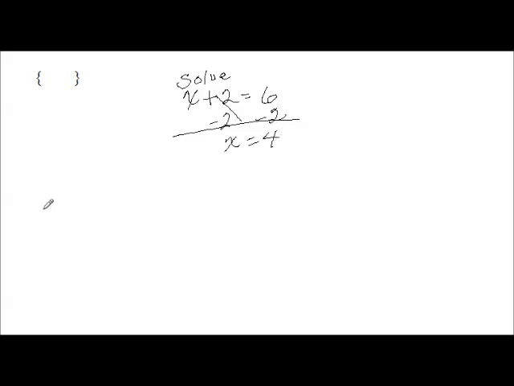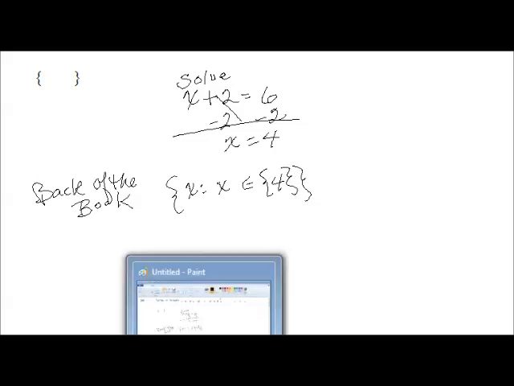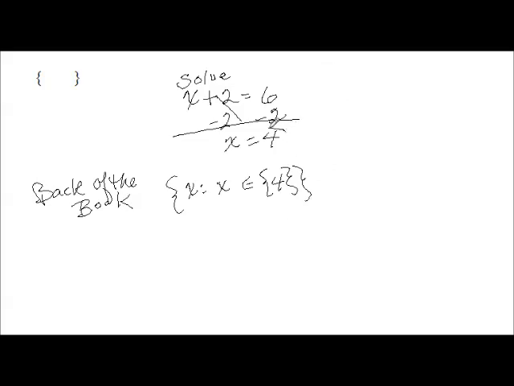But they would look in the back of the book to the answers, and what they saw was this. And they'd say, I looked in the back of the book expecting the answer to be 4, and I saw all this.